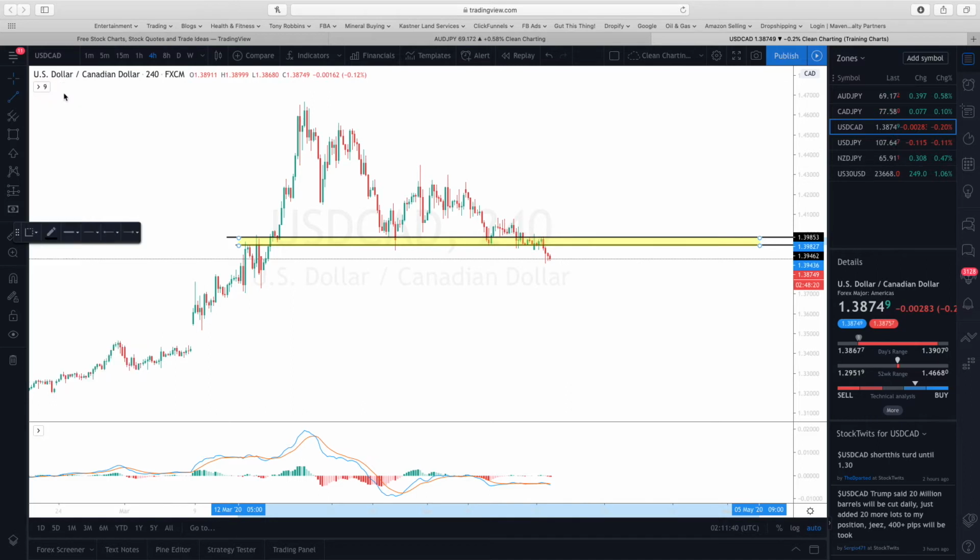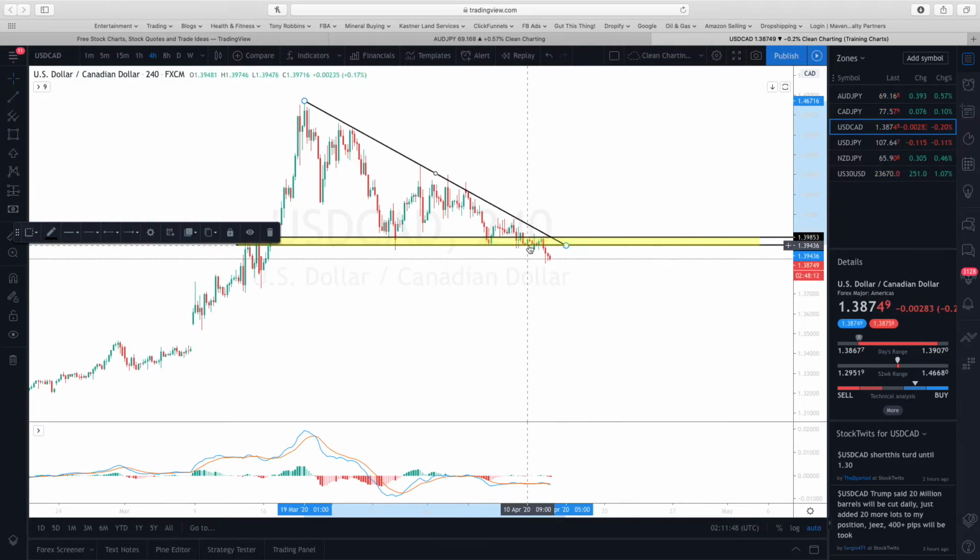If we watched our previous video on trend lines, you would also see that the zone perfectly lined up with our downtrend line. So as you saw price push down, come back up, you see that we have resistance not only with the zone, but we also have resistance with the downtrend. So we'd be looking only for sells here.